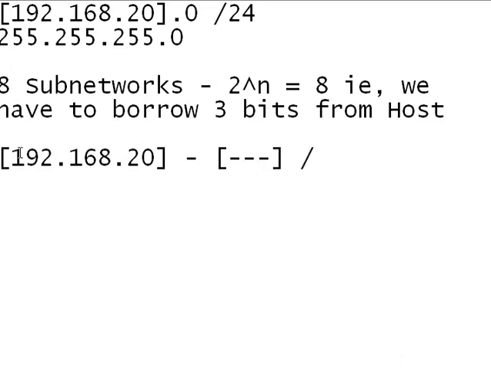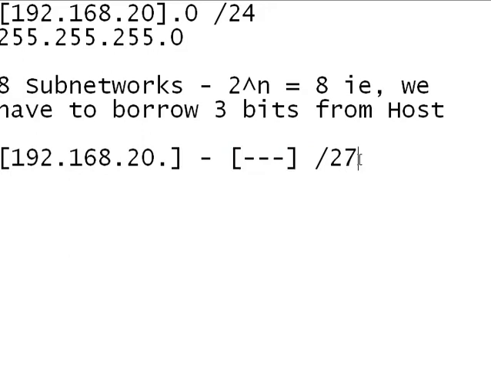If I am adding 3 more bits into it, this is still 20 dot. So I will be getting all possible combinations of these 3 bits, and I can create the subnetworks.